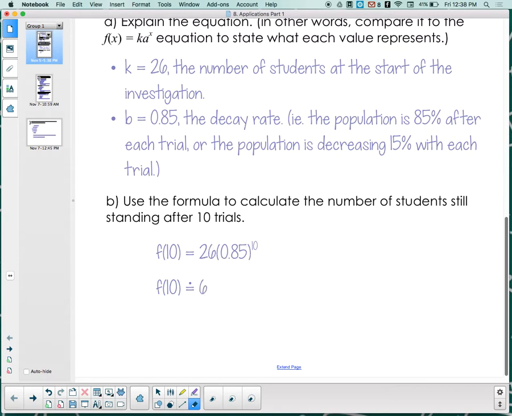When it comes to questions where you're dealing in whole numbers, so number of people, number of bacteria, those should always be rounded because you can't have a decimal of a person. If the question deals with money, that's not an issue. You always use 2 decimal places for money. But if the question deals with population where you can't have half of something, make sure you round up to the next whole number.